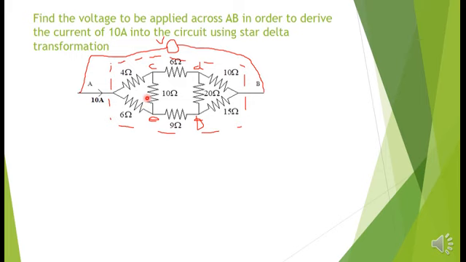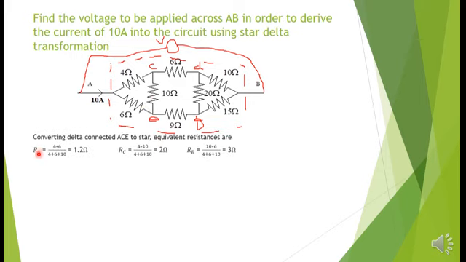So based on that, RA equal to 4 into 6 divided by 4 plus 6 plus 10, that is 1.2 ohms. RC is equal to 4 into 10 divided by 4 plus 6 plus 10, 2 ohms. RE equal to 10 into 6 divided by 4 plus 6 plus 10, 3 ohms. Okay.